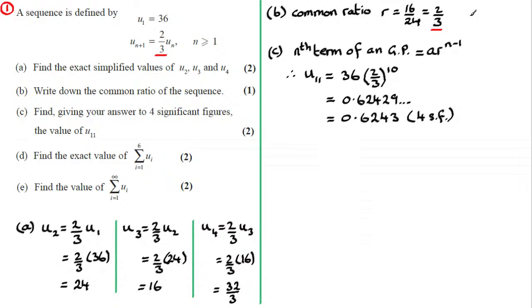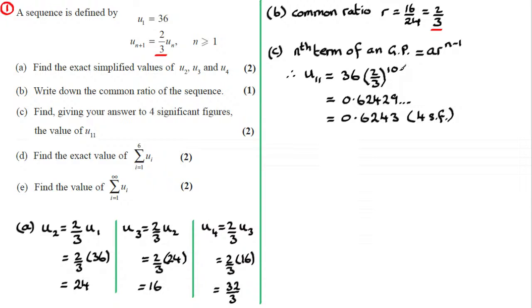Okay, right, so the common ratio then for B was 2/3. That's worth 1 mark. Now we're looking at giving your answer to 4 significant figures the value of U11. To get U11, all you had to do was just use the formula for the nth term of a GP, ar to the power n minus 1. Just substitute 11 in.